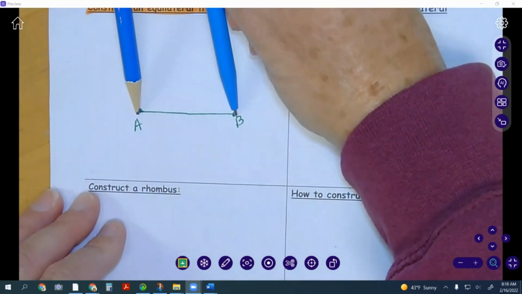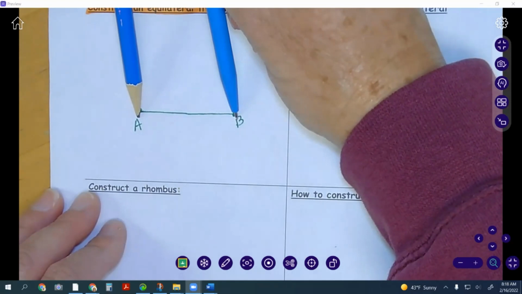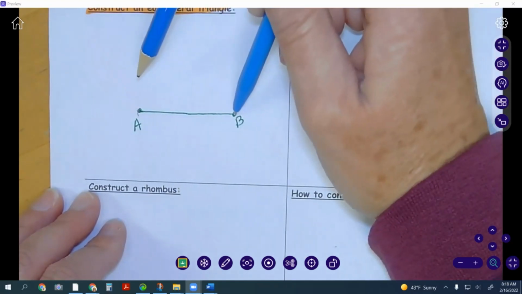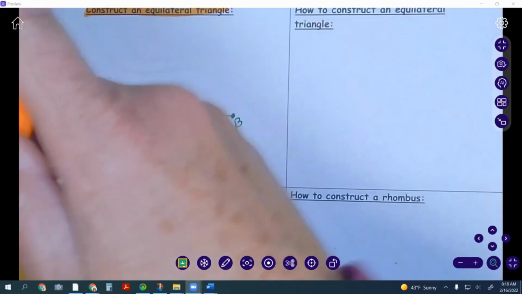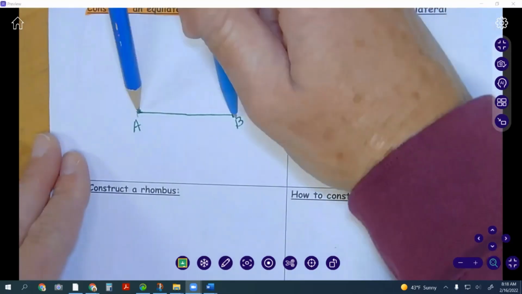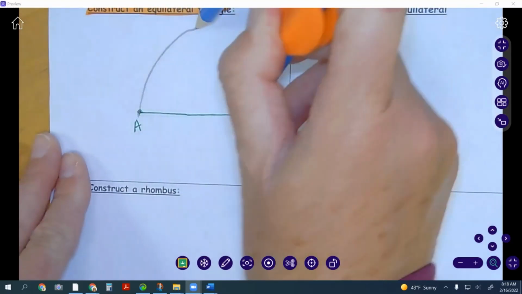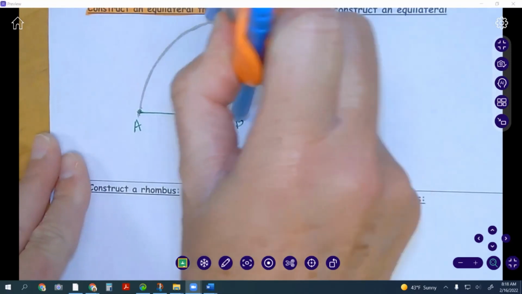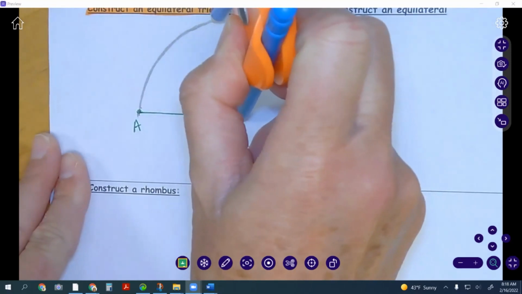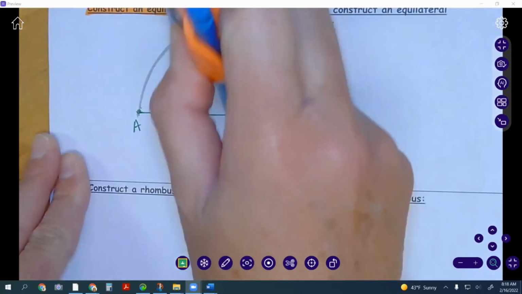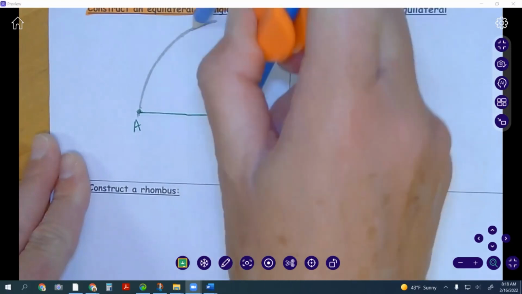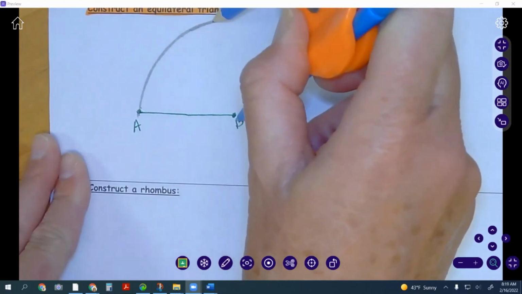Once you get AB as your radius, you're going to draw a circle at A and a circle at B. Now, I'm just going to go above. I don't need to go below. So either I can do like I'm doing here and draw an arc above, or I can just come and mark up here.